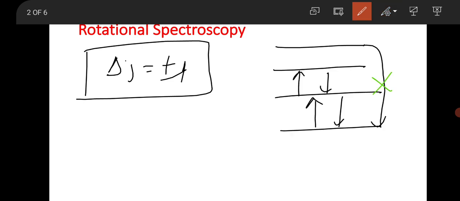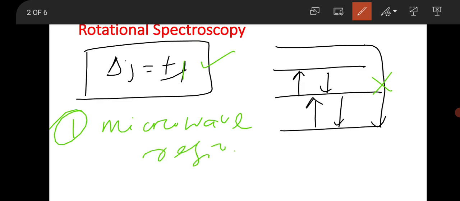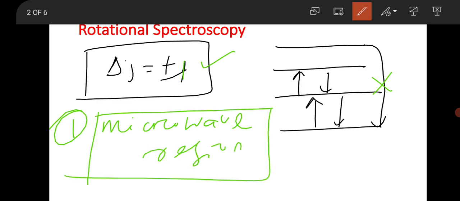This is the selection rule for rotational spectroscopy, and it happens in the microwave region. Rotational spectroscopy is always observed in the microwave region. This is all about rotational spectroscopy.